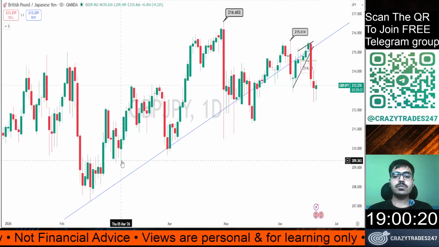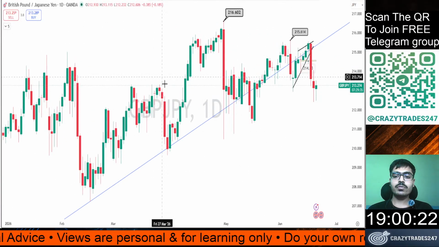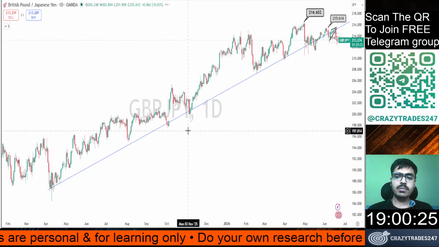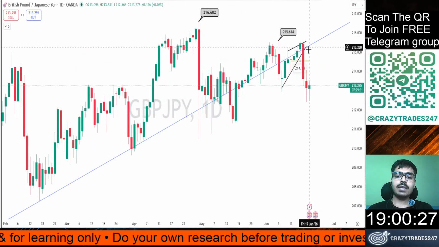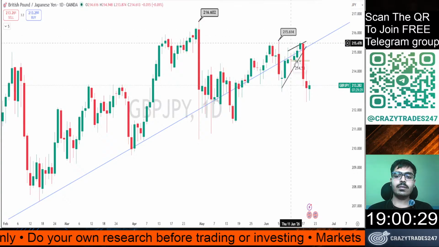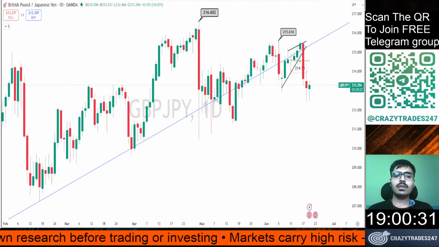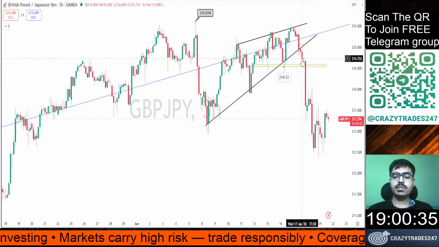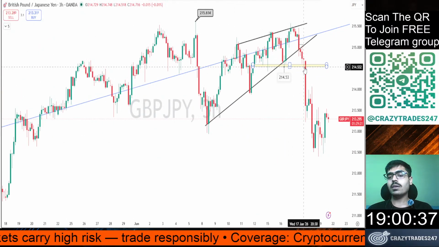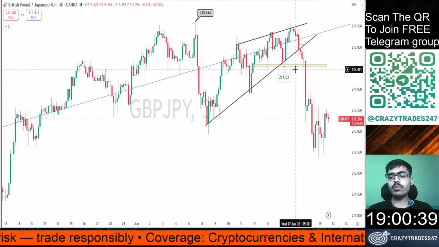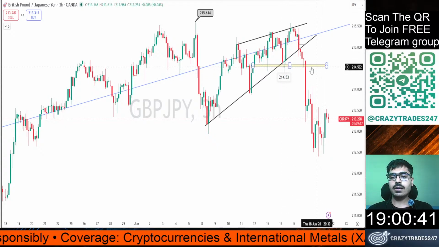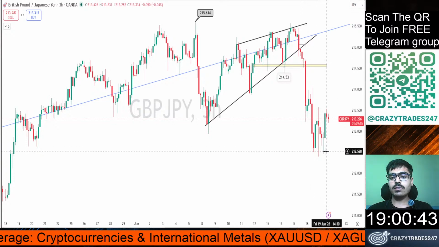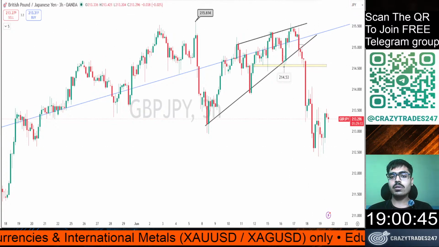GBP JPY has been showing a good up move for a very long time, and now the price has given a big down move because of a wedge formation. This was a rising wedge formation, and price has given a really good breakout below 214.53 levels, because of which it has given a really good down move.